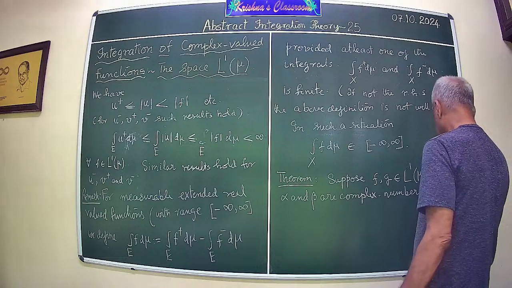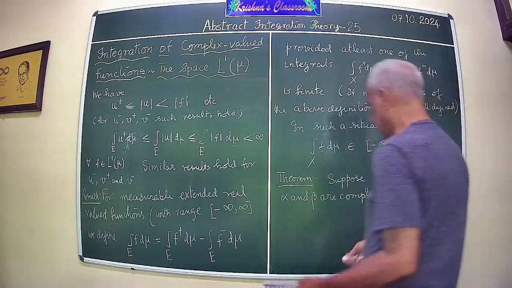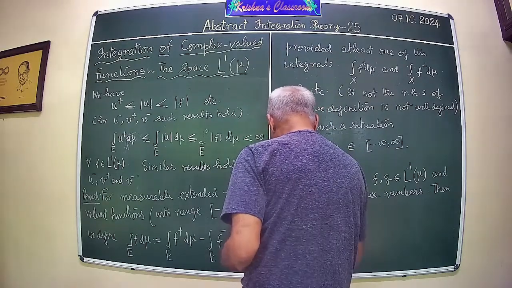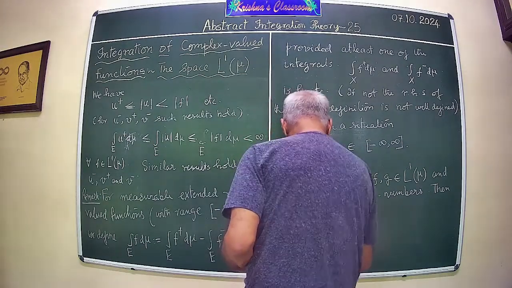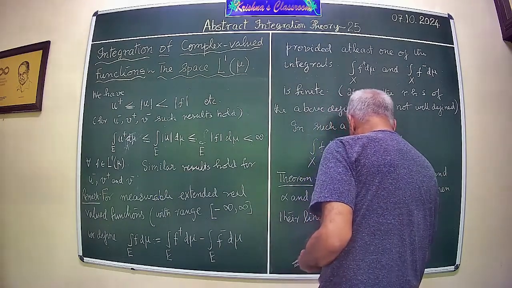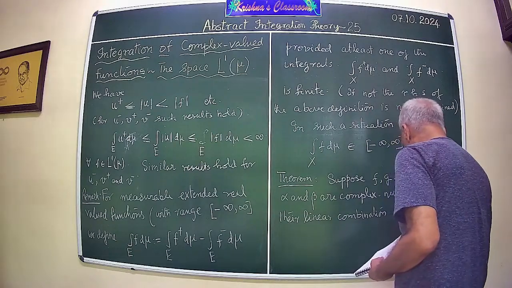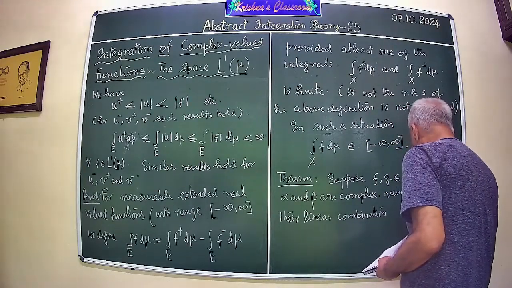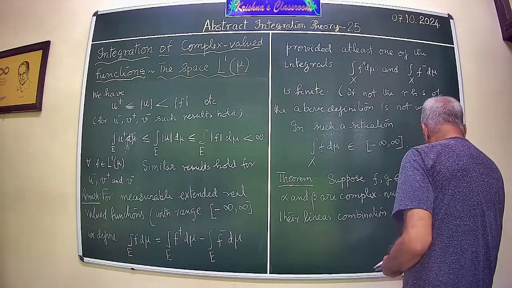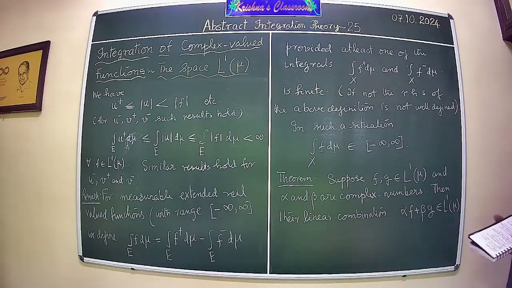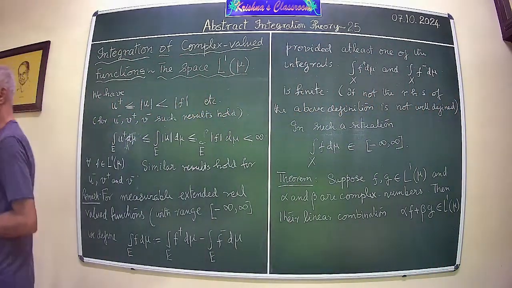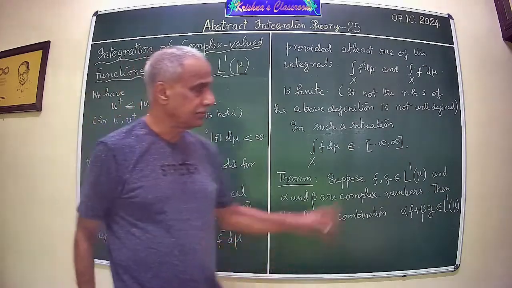Then their linear combination, that is one statement. That means if f and g are L1 mu functions, then alpha f plus beta g belongs to L1.